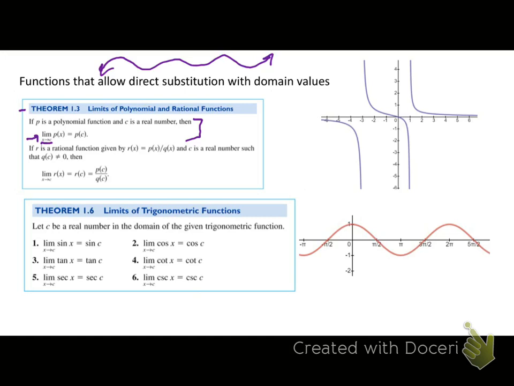The higher the degree, it's just going to make it more curvy. So what this theorem is saying for this part is, well, there's no problems, so we can just plug that c value in, and the limit is going to exist and be the actual value of the function. Remember, this is what happened on 1.2, and I told you that this actually catches kids off guard because they're expecting to evaluate limits where there is a domain restriction, a hole, an asymptote, or something like that.